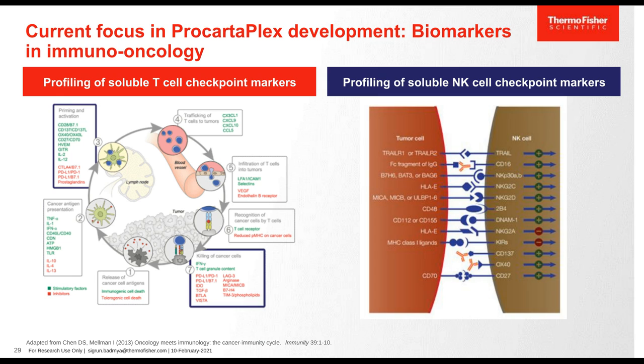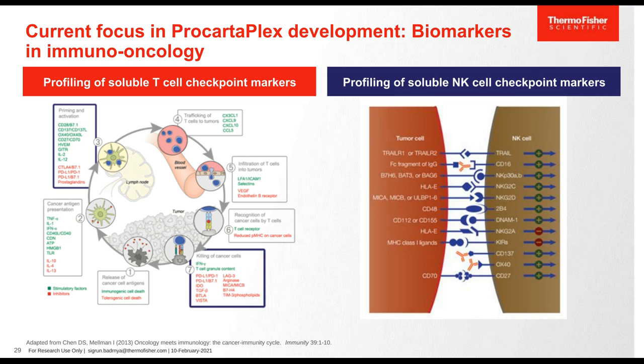So for many of these factors, we already provide multiplex panels, such as for pro and anti-inflammatory cytokines, which regulate step 2. And we have a complete portfolio of chemokines and adhesion molecules, which regulate T cell trafficking and infiltration.